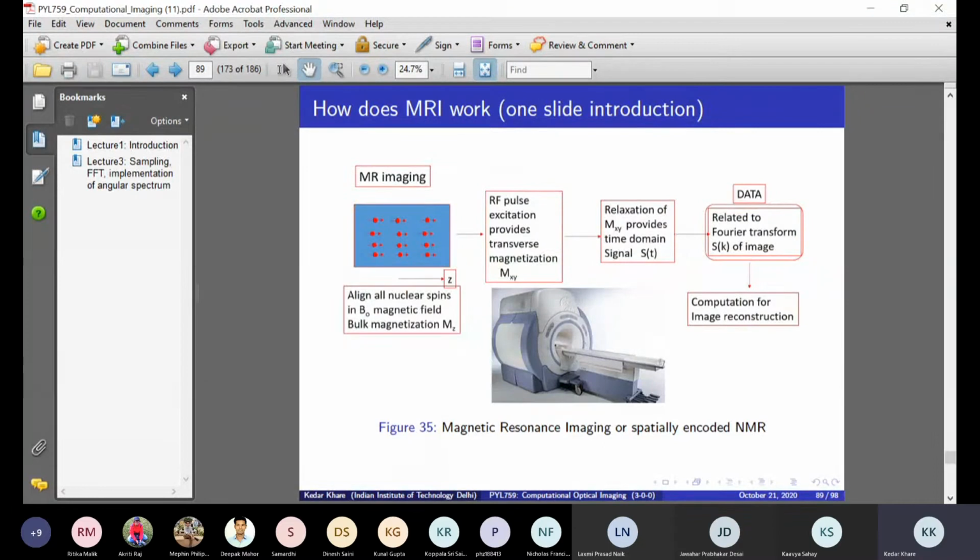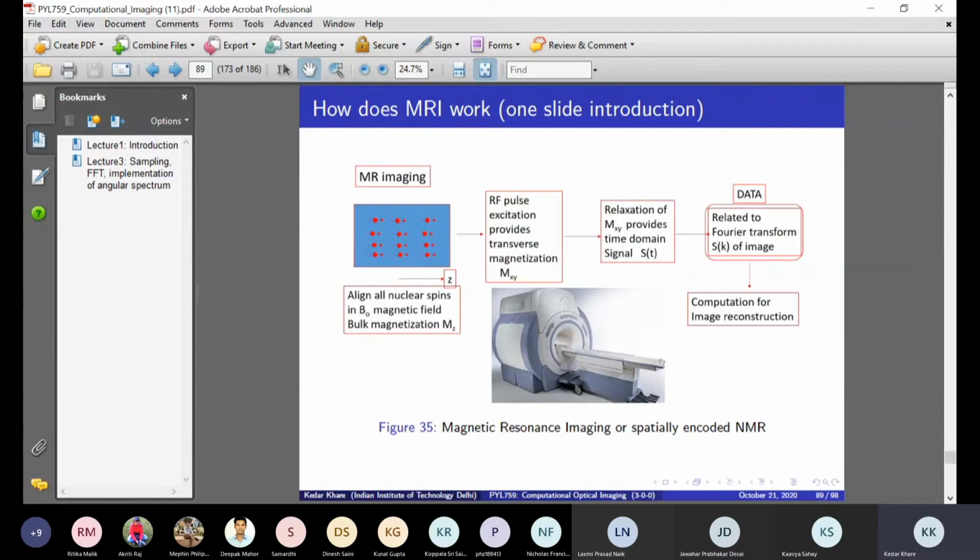Okay. So what the scanner does is apply an RF pulse to flip these nuclei. It provides the right energy to flip the nuclei, and as these nuclei come back to equilibrium with the magnetic field, you have a transverse magnetization MXY.